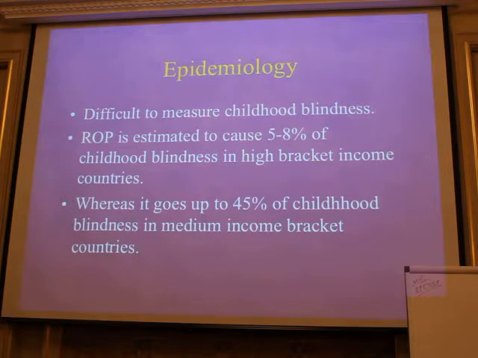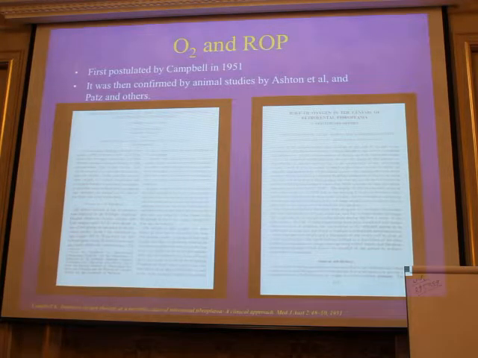You don't have NICUs that are equipped with ophthalmology exam rooms and telemedicine even. So much that this, unfortunately, goes up to 45%. With a little effort, I think really ROP can be much, much less of a cause of blindness.